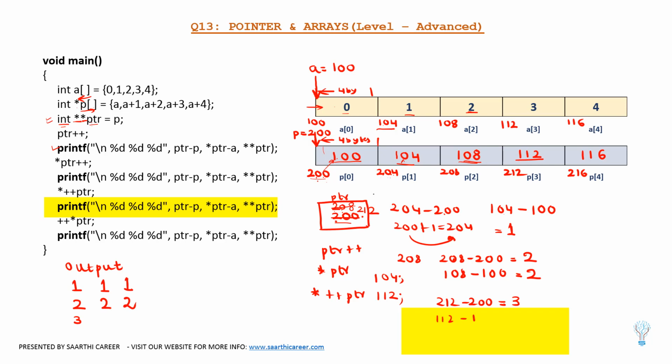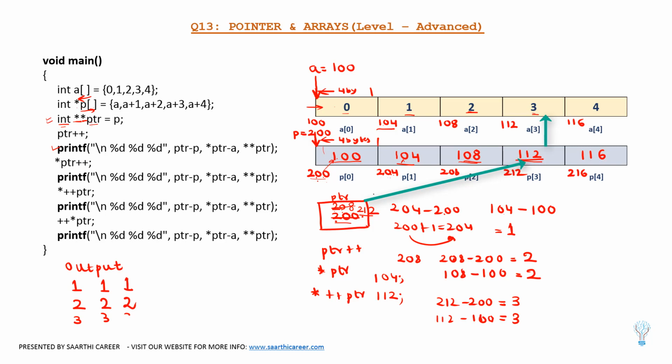We know that these pointers are pointing to integers, so between 112 and 100 there can only be 3 integers of 4 bytes each. So the next answer is 3. And finally, dereferencing ptr twice: star of 212, the value inside location 212, which is 112, and then a star of 112, the value inside location 112, which is nothing but 3. So the next answer is also 3.